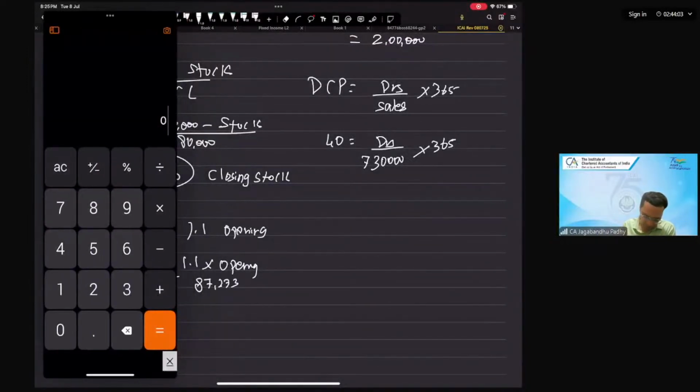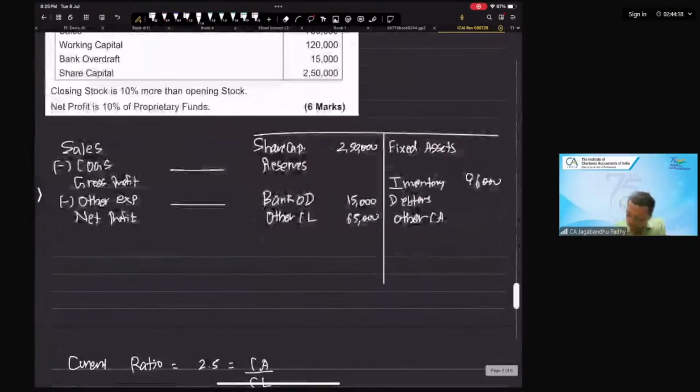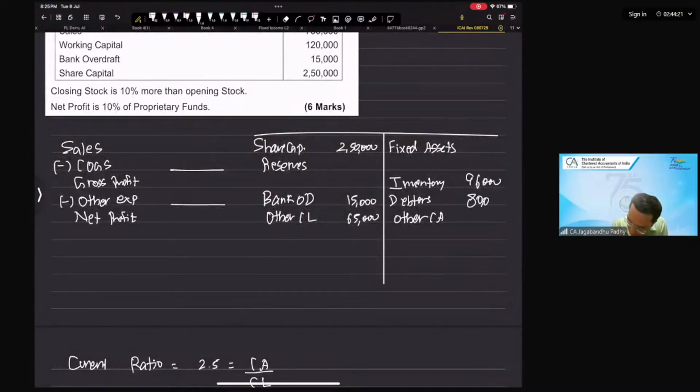So debtors will be 7 lakh 30,000 into 40 by 365. That's 80,000. That's the value of debtors.